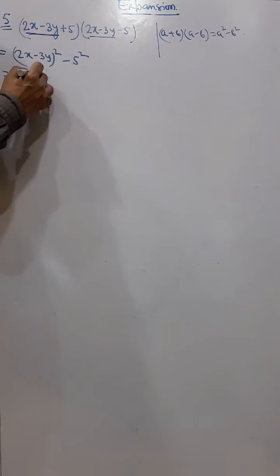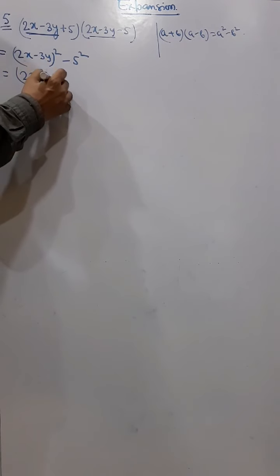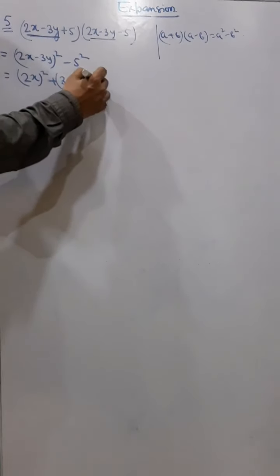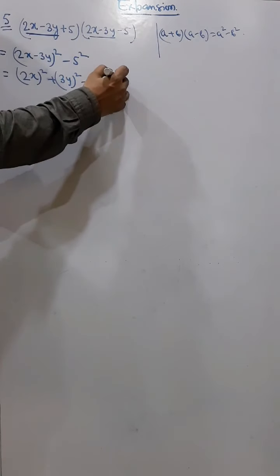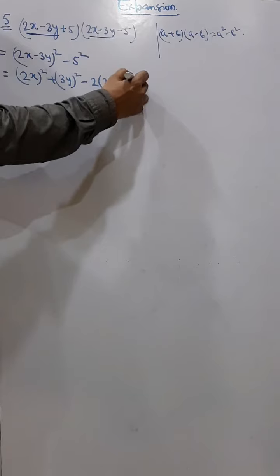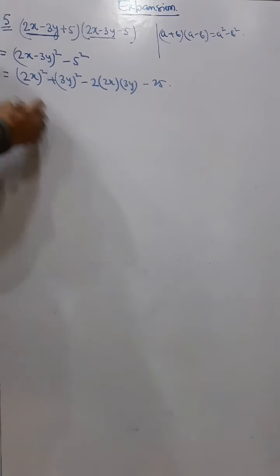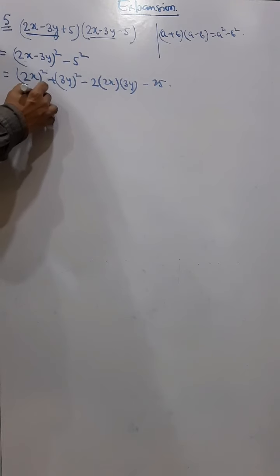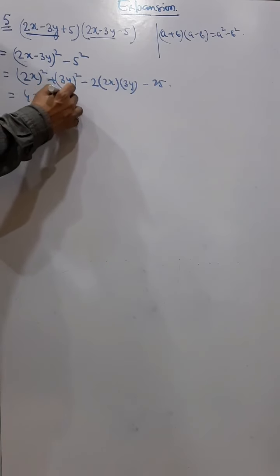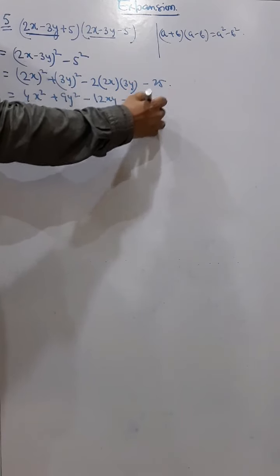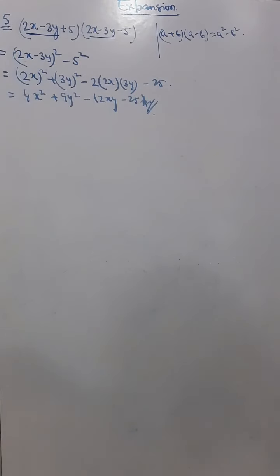So what we got: a square plus b square, and then minus 2 into a into b, and then minus 5 square means 25. Then we'll simplify this: a square plus b square minus 4 into, that is 12xy, and then minus 25. Okay.